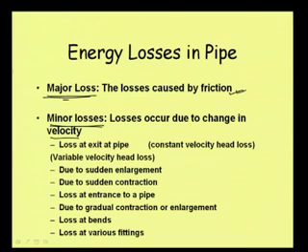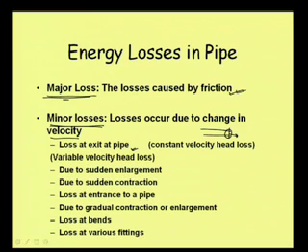Of course, we can list the minor losses, and there we will find one loss which is called the loss at exit of the pipe. So, when a pipe is carrying water, at the exit point here, ultimately the water is getting released at this point.